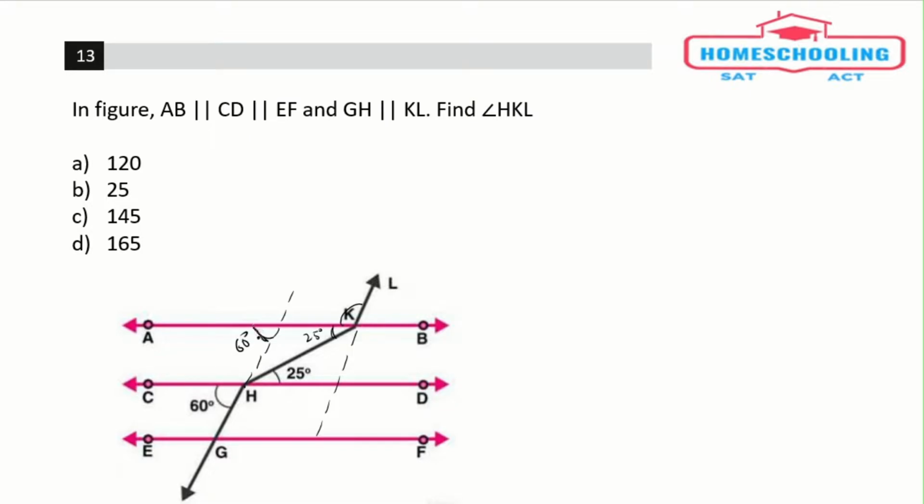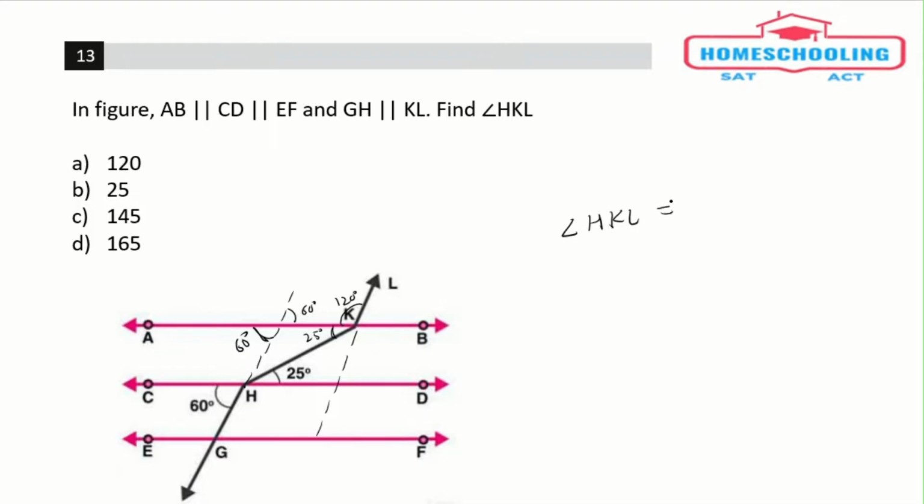So if we know this angle is 60 degrees, and these two are interior angles, the sum would be how much? The sum would be 180 degrees. So if this one is 60, then this would be 120 degrees. In the question we have to find angle HKL.